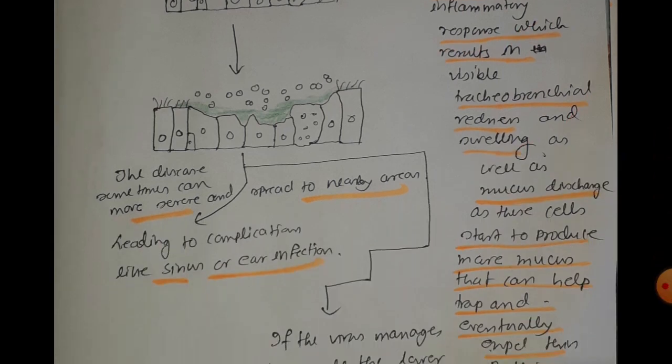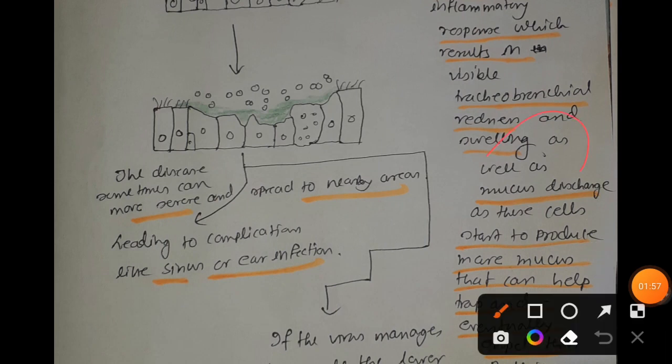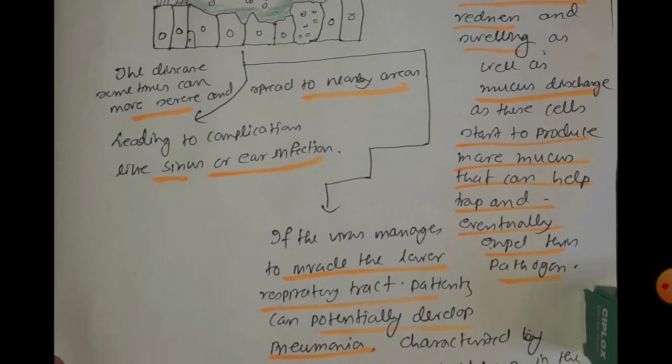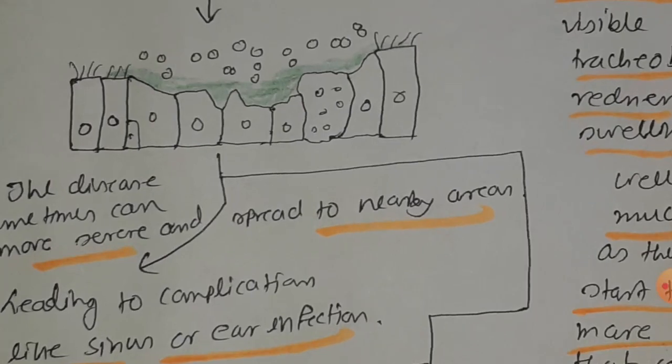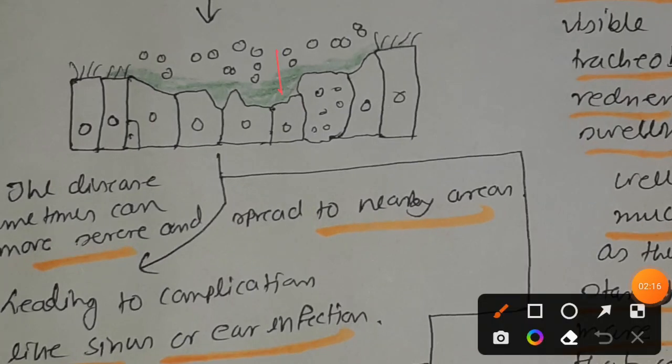Not only that, the cells also start to discharge mucus, because a large amount of mucus helps the cell to trap the virus, and as a result eventually the virus can be expelled. That means this mucus will trap the virus and help the immune system to expel the pathogen.